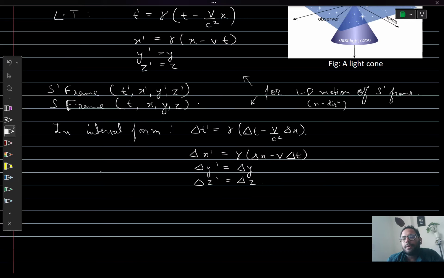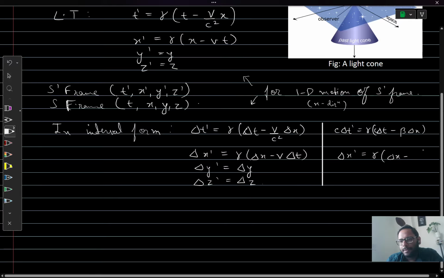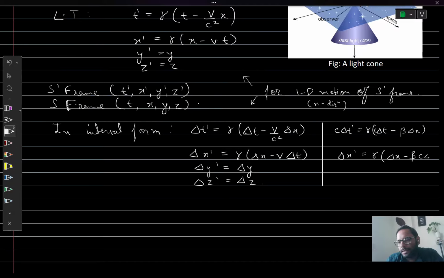More symmetrically, we can similarly write it in the beta form: c delta t prime equals gamma (c delta t minus beta delta x), and delta x prime equals gamma (delta x minus beta c delta t).